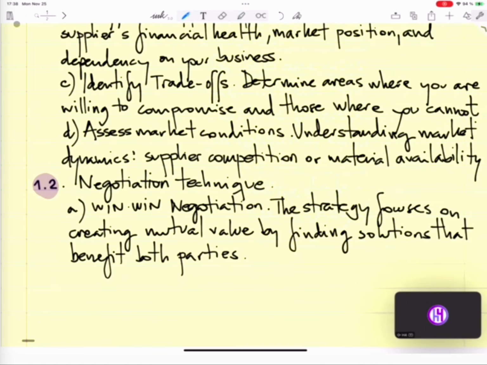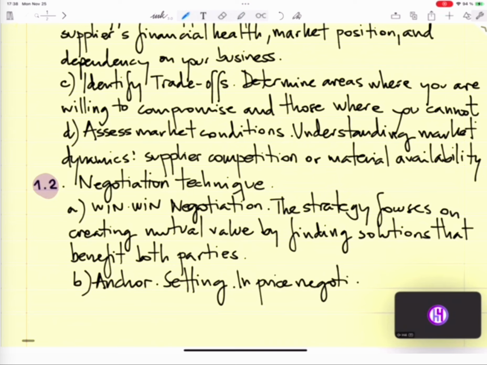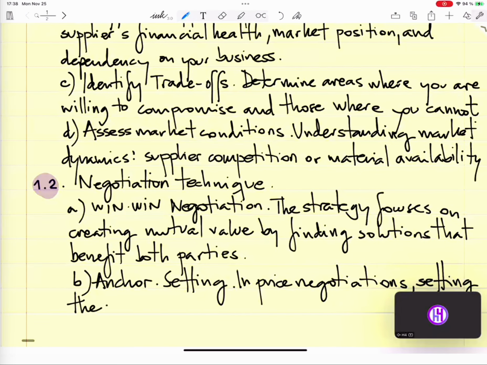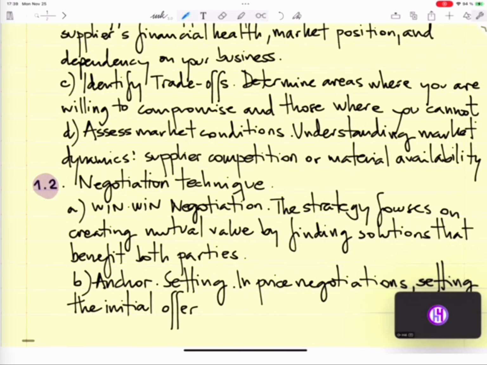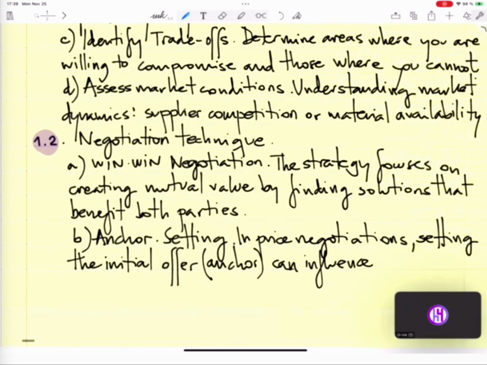Another common strategy is anchor setting. In price negotiations, setting the initial offer, the anchor, can influence the final agreement.